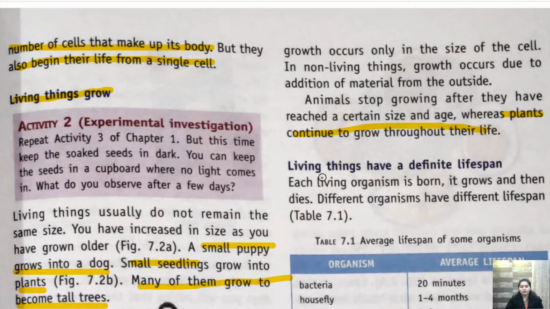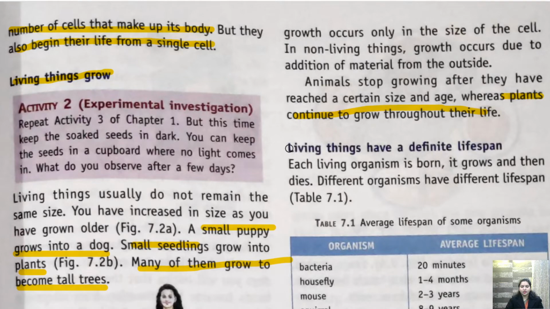Now next, living things have a definite lifespan. See, all the living things have to die one day. The things that are living will die one day. We are not immortals. Okay, so we have to die one day.